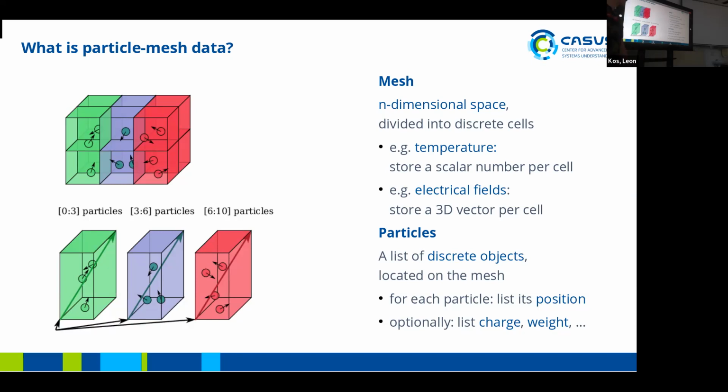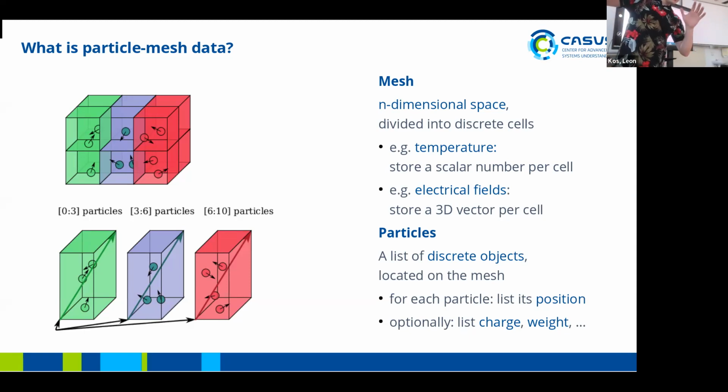So you have scalar values, electrical fields where you have vector values, and the particle data is then single objects within that discretized space, given really just as a list of their positions and then further optional properties, which you are free to define as you need them. For example, some things that you can pick in PIConGPU are the charge and the weight.